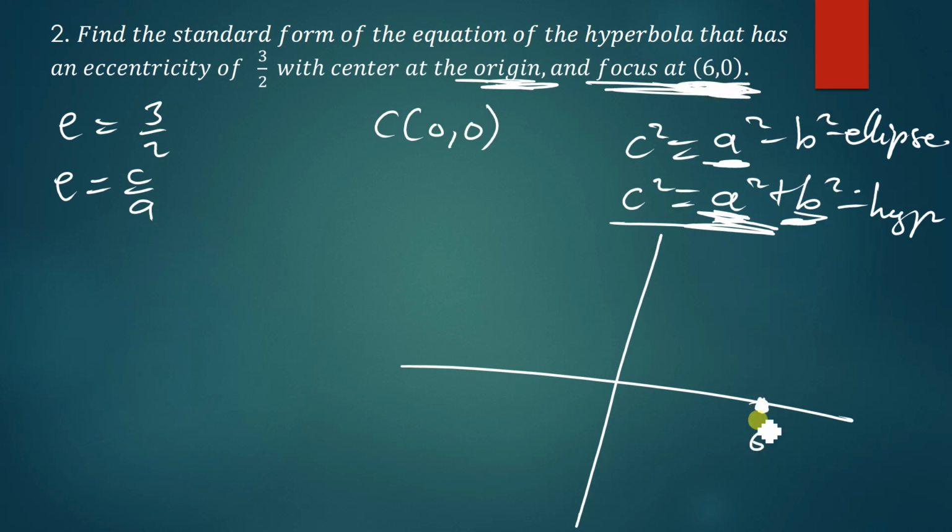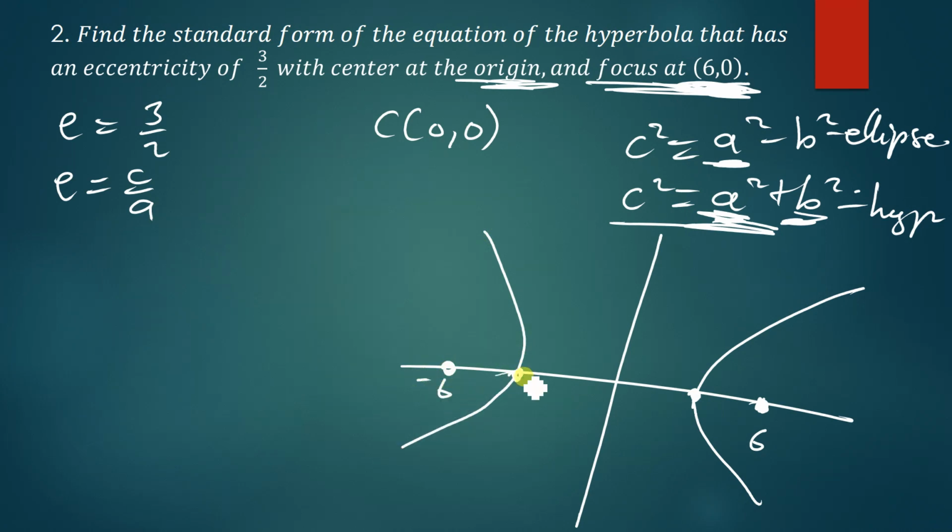So 6, 0 is somewhere there, and I'll approximate my vertex to be there, and then the other vertex to be there. So I'll expect this point to be -6. Okay, and these are the asymptotes.